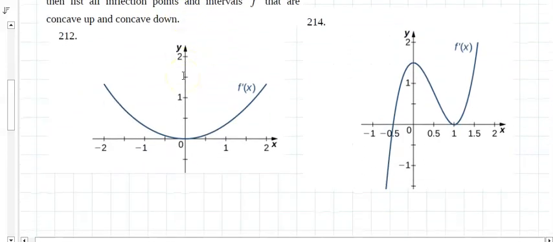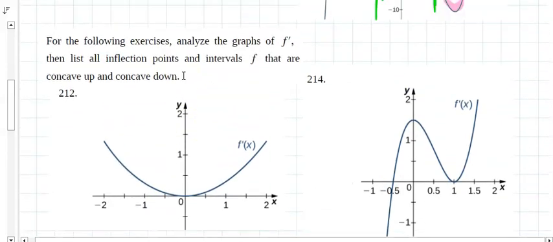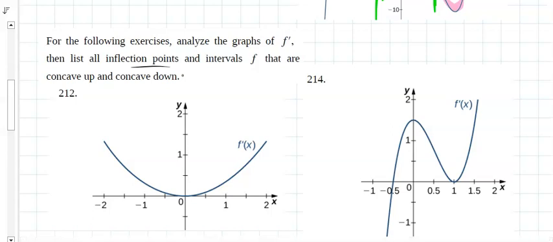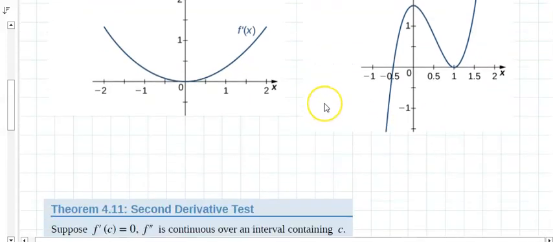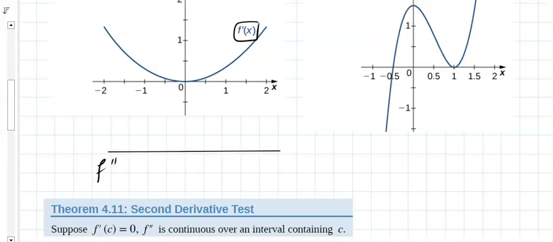And here we're going to start with a graph, but now be careful what they're asking. They say you're given the graph of f prime, list all inflection points, and where the graph is concaving up or down. Now, to us, this is the idea. This is f prime. I'm trying to figure out what f double prime is doing.